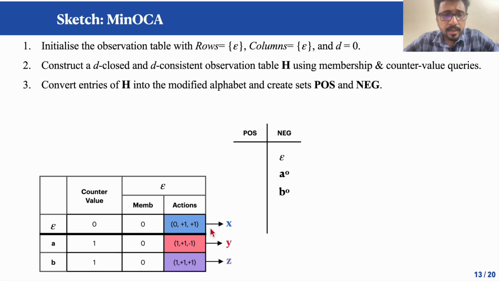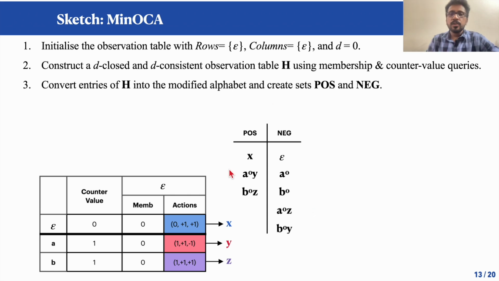So X is the counter action corresponding to epsilon, so I will add epsilon X to my pos. Also I will add A0Y to my pos and B0Z to my pos. However, A and B have different counter actions, so I will add A0Z to my neg and B0Y to my neg. Okay. So my pos and neg will be the following.